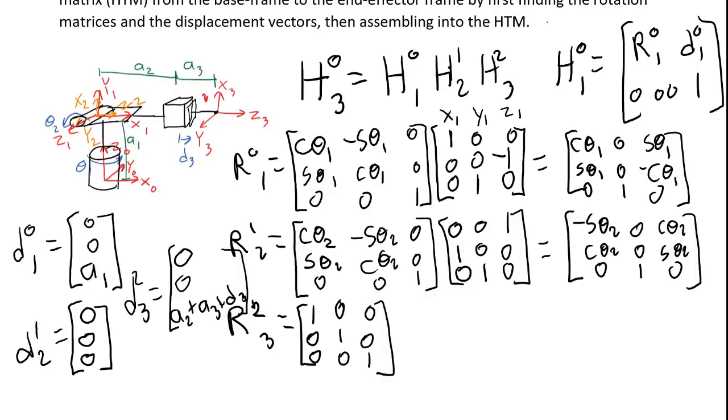The center of frame 0 and the center of frame 1 are perfectly lined up in the x1 direction. The only displacement between these two frames is in the zn-1 direction, and that is d. So I'm going to put 0 for r and a1 for d.